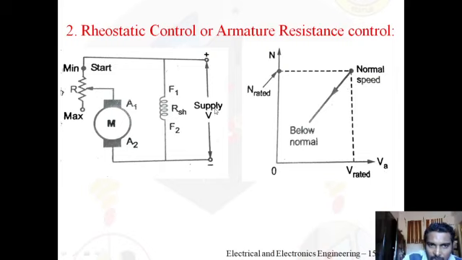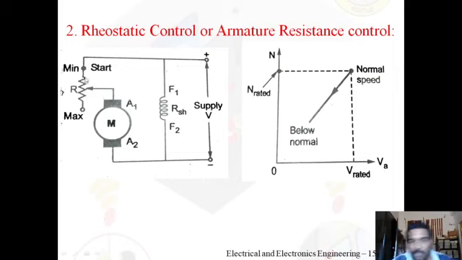What voltage am I getting across the armature now? Earlier, when R was 0, I was getting the rated voltage. Now I have included some resistance, therefore I will get less voltage at the armature than the supply voltage, because some amount of drop takes place in the resistor.